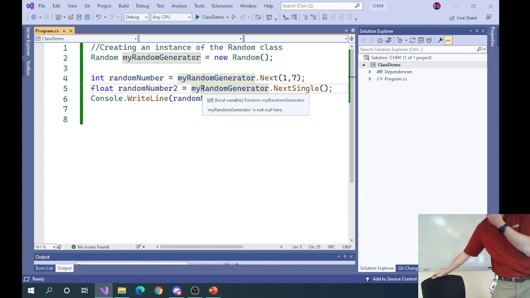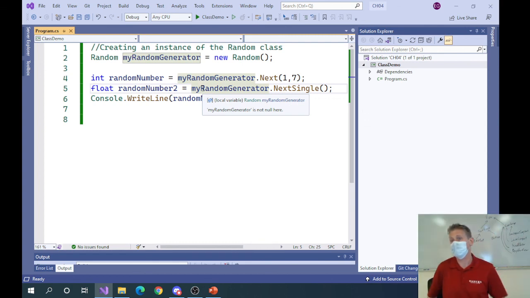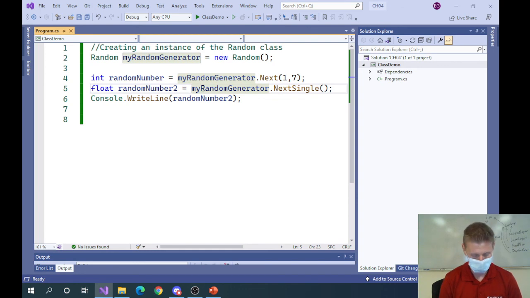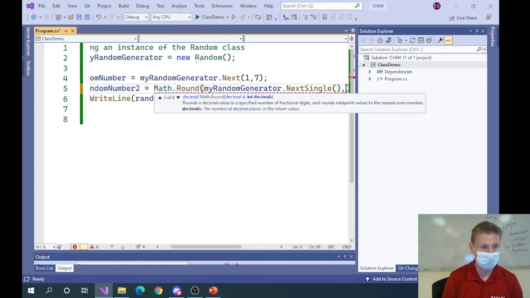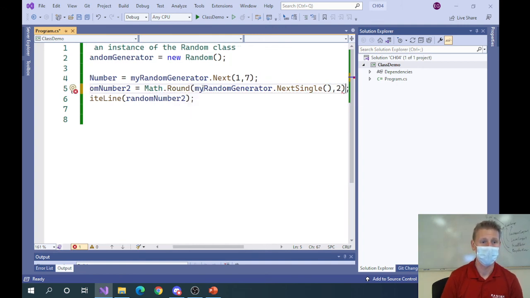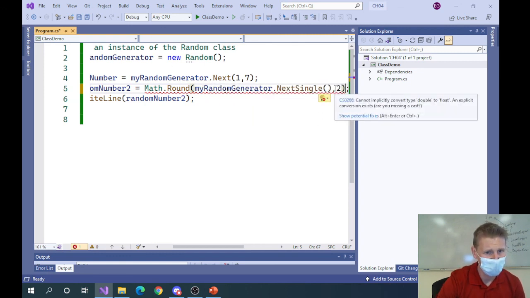So what if you wanted to, I know we were talking about this last time, but if you wanted to take that decimal from NextSingle and round it down to the 10th place, like 0.5, 0.6. Math.Round, comma, how many decimals? Okay. Now, I think it cannot automatically convert.